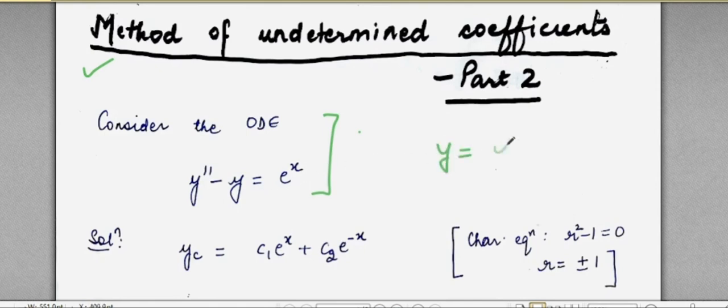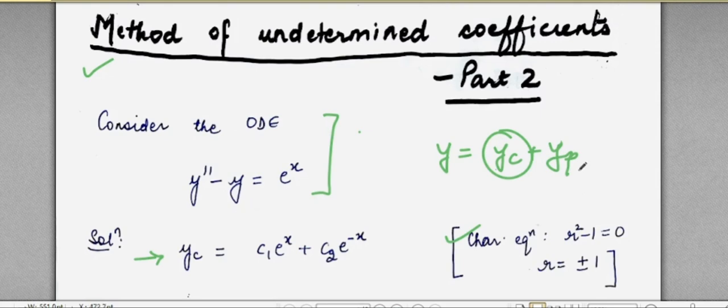So our solution will have two components, y equal to yc plus yp, where yc is the solution of the associated homogeneous equation, y double dash minus y equal to 0. Hence the characteristic equation will have two roots, plus minus 1, and since they are real and distinct roots, the contribution of 1 will be c1 e to power x, and minus 1 will contribute c2 e to power minus x in the complementary function.